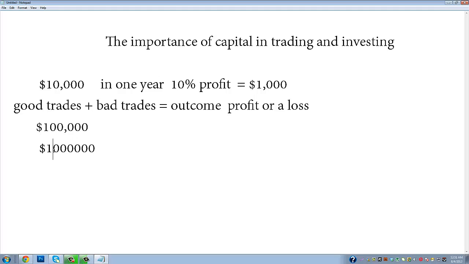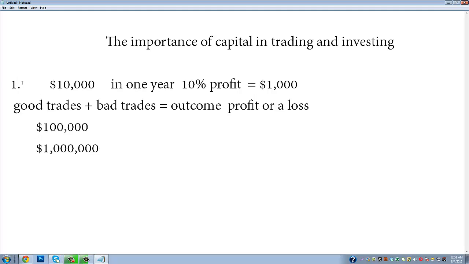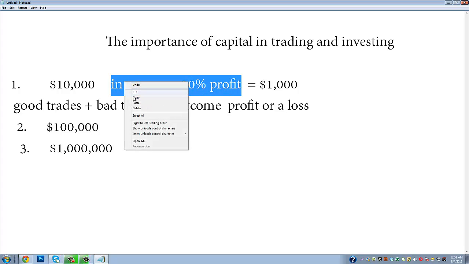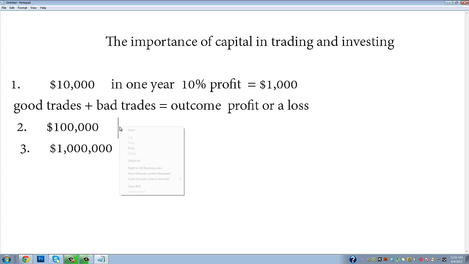We can go on and on, but let's stop at these three examples: example number one, example number two, and example number three. It's the same thing, the same 1 year profit.